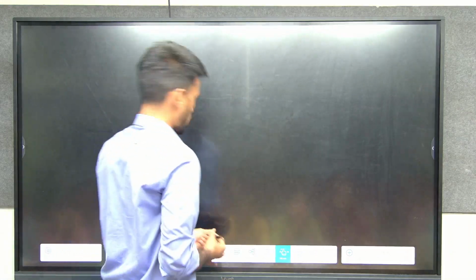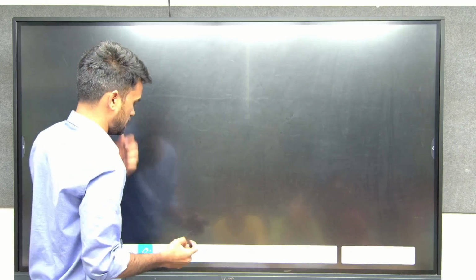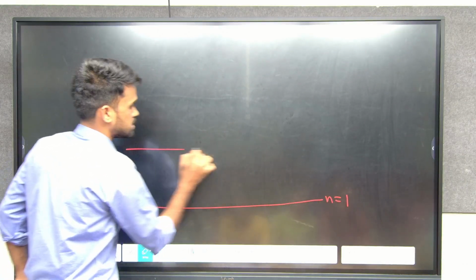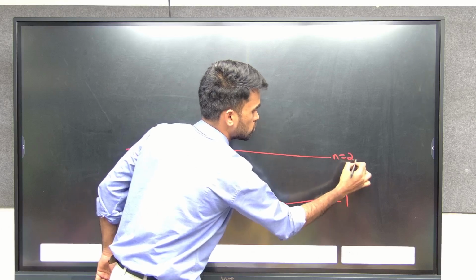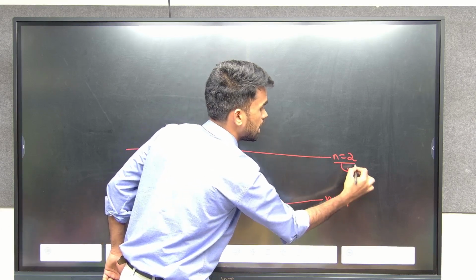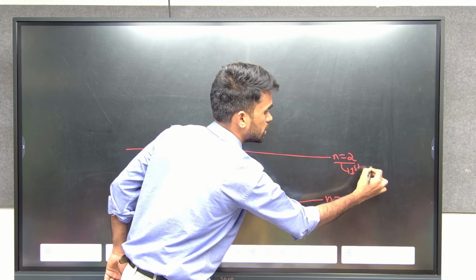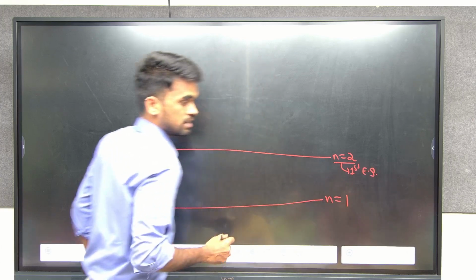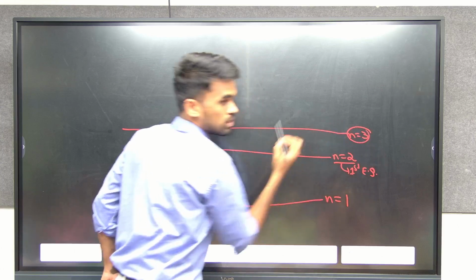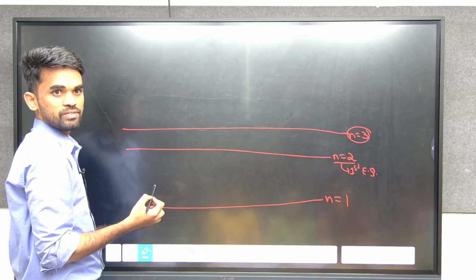See, morning we have seen something like this. This is ground level, n equals to 1. This is n equals to 2, second energy level I can say, or first excited state I should say. Next is this one, n equals to 3, third energy level, like that we have made.